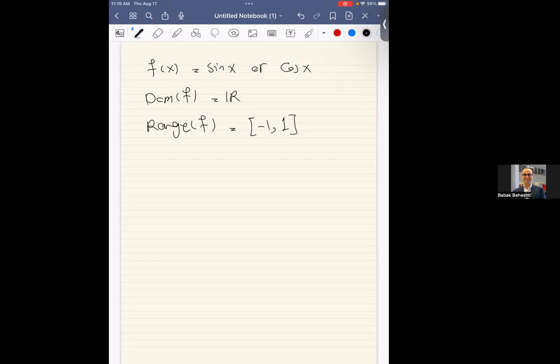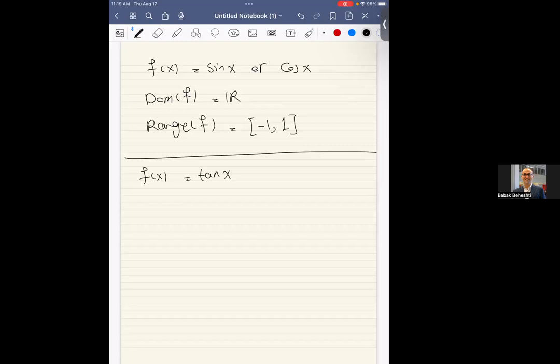Tangent has vertical asymptotes at x equal to pi half, minus pi half, 3 pi half, and so on.